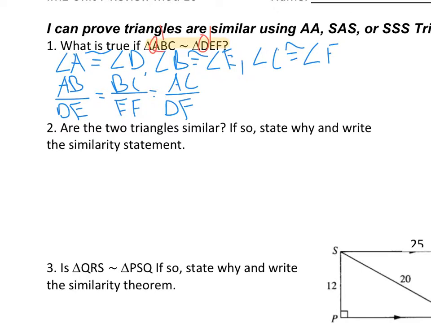Well, those are my first two. What would that correspond to? That corresponds to DE. So the similarity statement tells you the order of the letters and how they match up with each other. So it's the easiest way to write what angles correspond and are therefore congruent, and what sides match up so you can write your proportional statements.